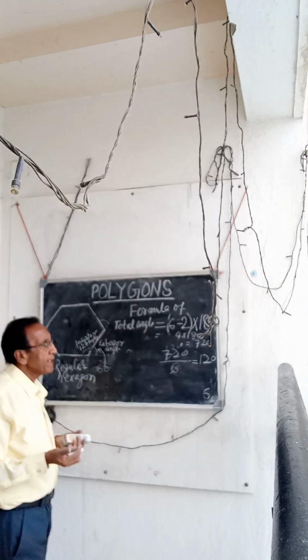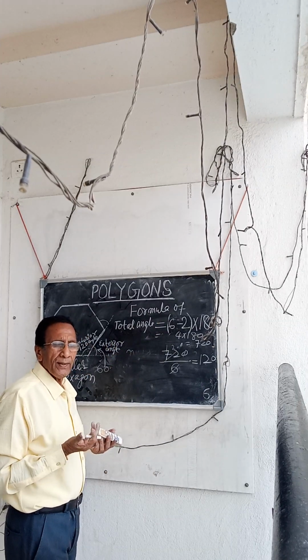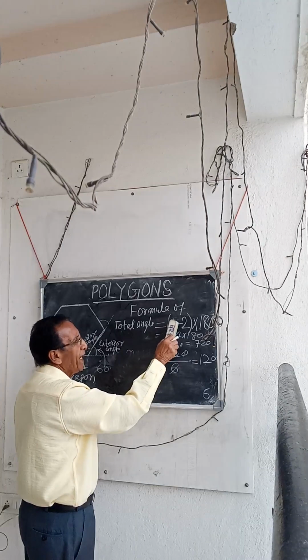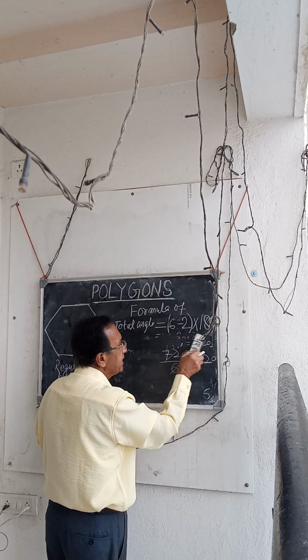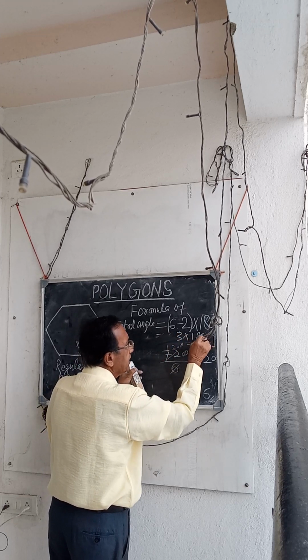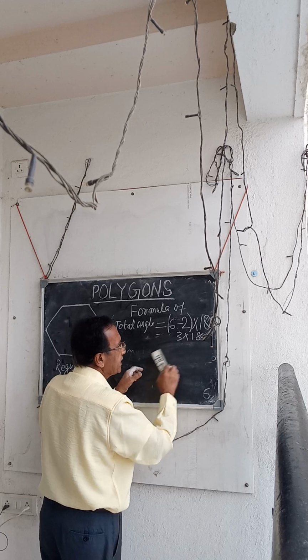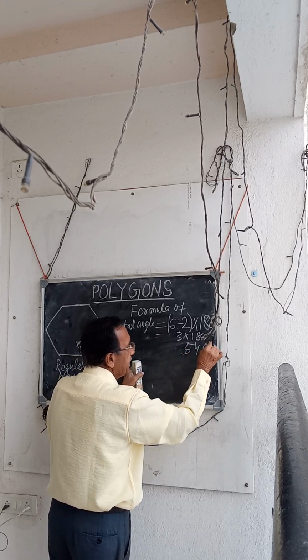Another example we can take: suppose n is given 5, it is a pentagon. In that case, 5 minus 2 is 3, and 3 into 180 is 540 degrees. Total interior angle will be 540 degrees.